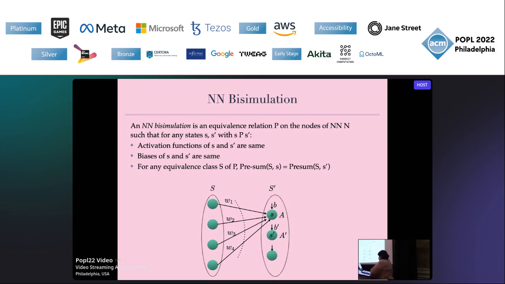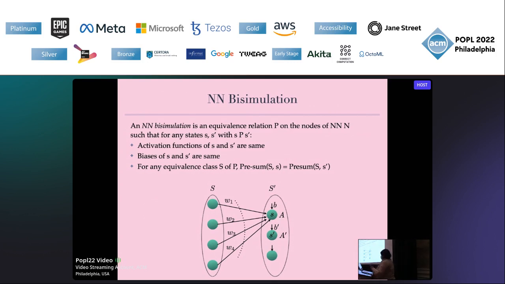Okay, so neural network bisimulation is an equivalence relation on the nodes such that if two nodes are related, then their activation functions have to match, and the biases associated with the nodes also have to match. And finally, if we look at the presum of the two nodes with respect to any equivalence class capital S, they also need to match. Okay, it seems a little bit restrictive, so I'll come back to that point later in the talk.